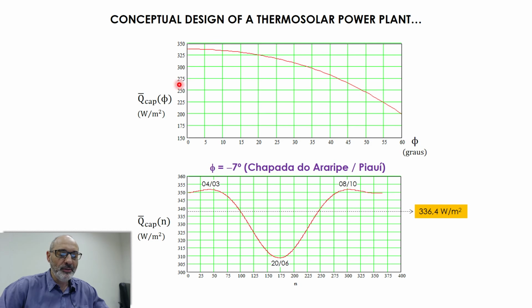And if we calculate the average number, which is the same here actually, 336.4 watts per square meter. This is the average amount of energy in Chapada do Araripe, Piauí, during the year, but disregarding effects of clouds and dust and so on.